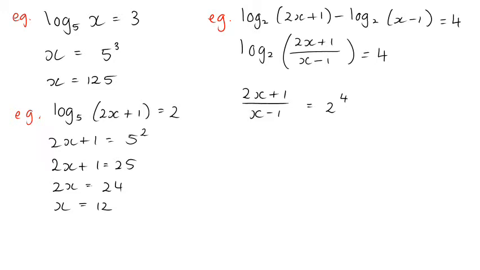And then from there, all you got to do is a bit of rearranging to solve for x, just how you normally would. So it's 2 to the 4. Going to take the x minus 1 and multiply it over. Expand out that bracket: 16x minus 16.